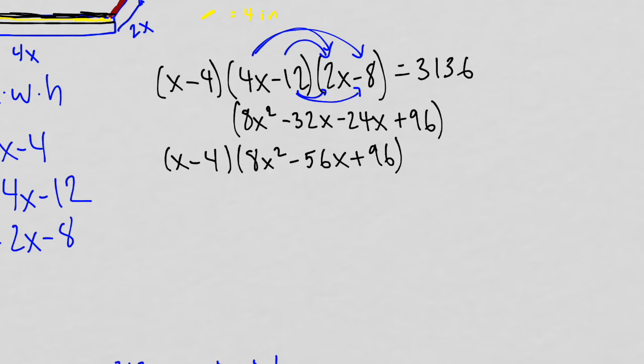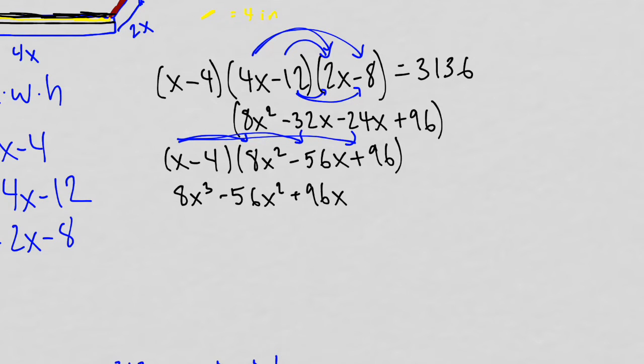Now we're going to distribute the x minus 4 to the other one, just like we did before. So let's start with the x. x times 8x squared is 8x cubed. x times negative 56x is negative 56x squared. x times positive 96 is 96x.